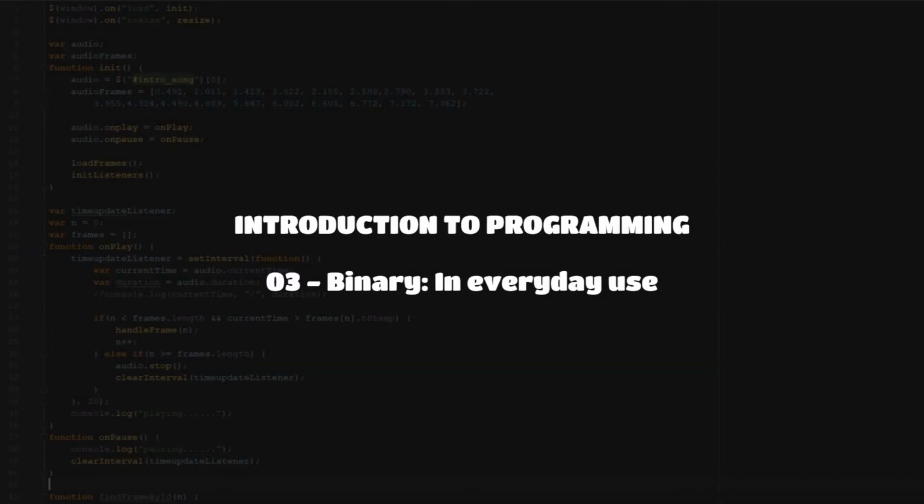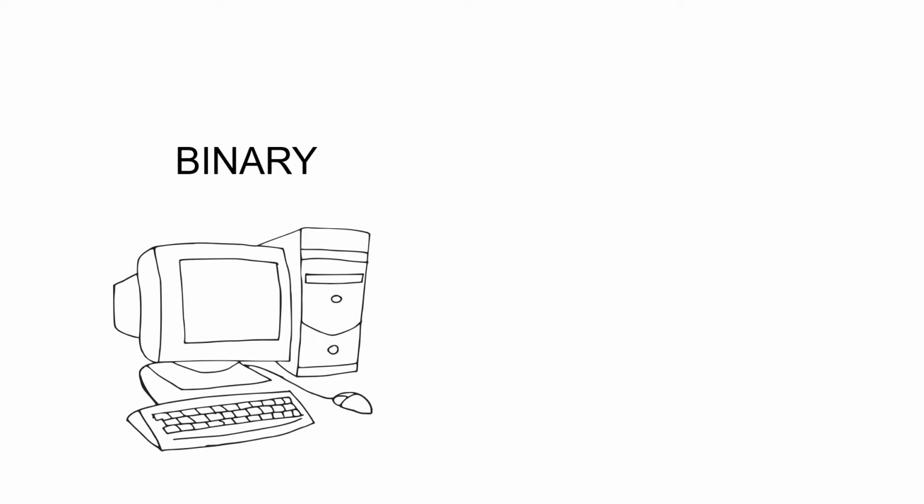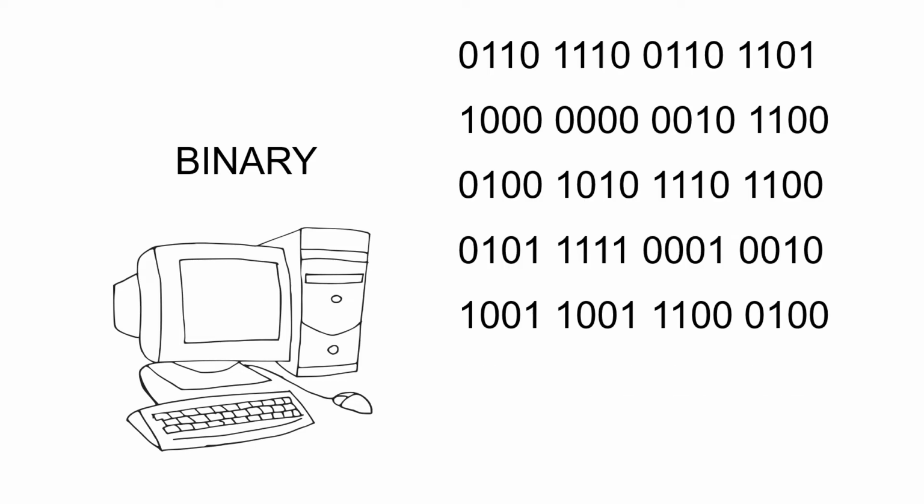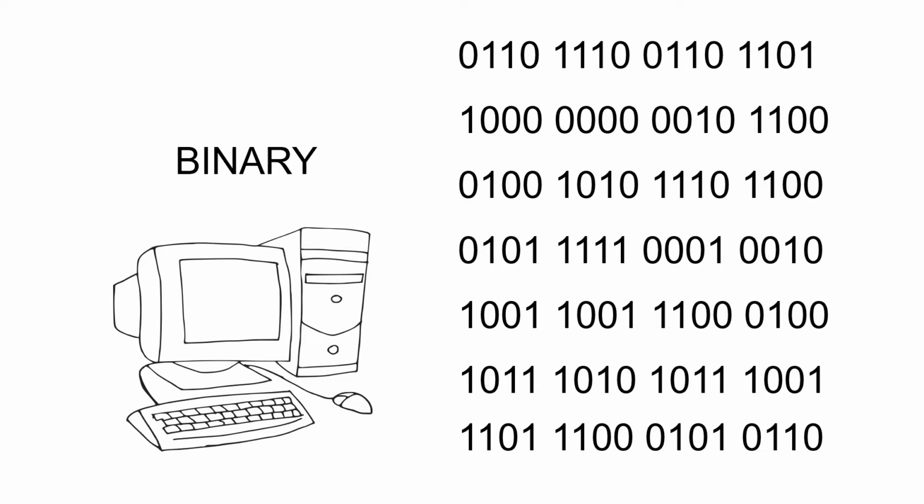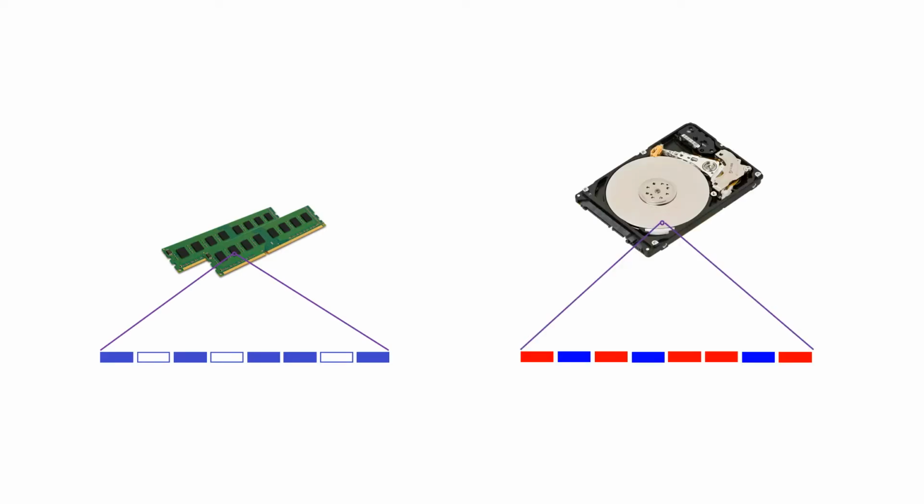Binary in everyday use. In our previous tutorial, we spoke about how binary, a language that is composed of just zeros and ones, is the only language that computers understand directly. We spoke about how the computer's memory is composed of tiny segments which can each individually be set to either this or that value.